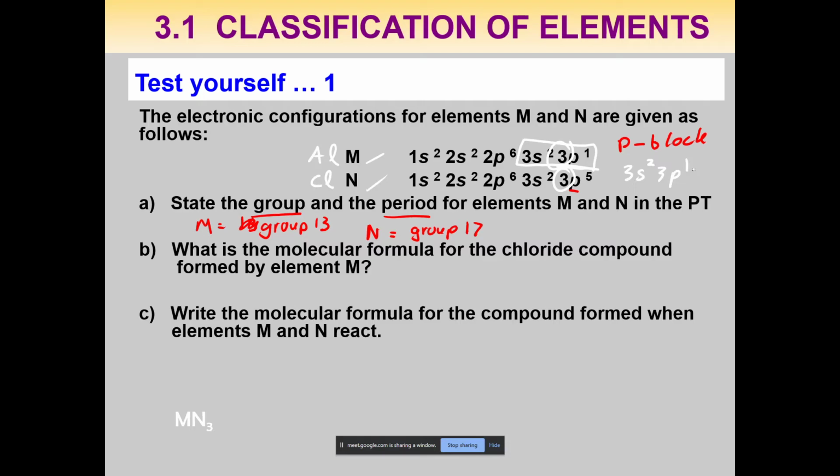Okay, how do you know the molecular formula for the chloride compound? We know chlorine is -1. Right. So, try to think what aluminium and chlorine can usually form. Any answers?